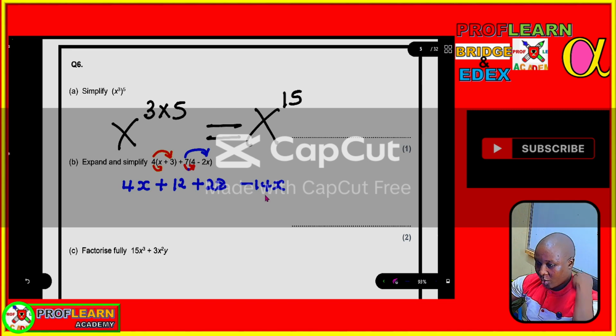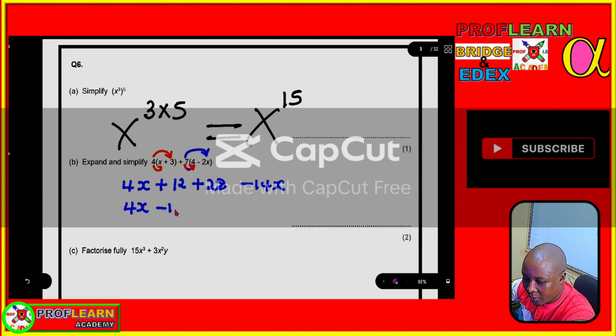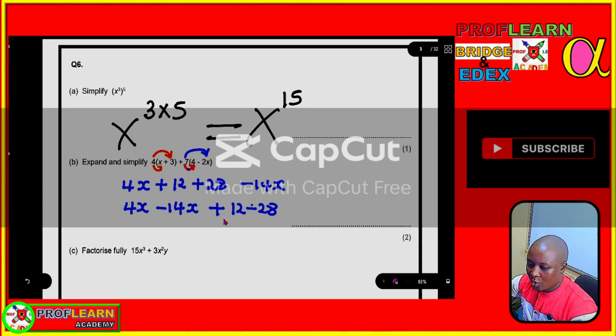And what you're going to do here is put the like terms together, and that is going to be 4x minus 14x plus 12 plus 28. So 4x minus 14x is going to be negative 10x.